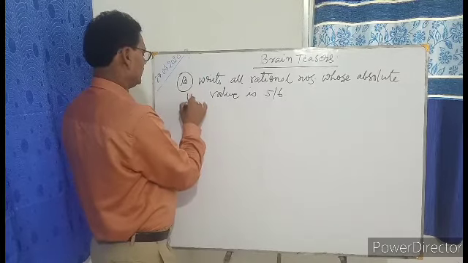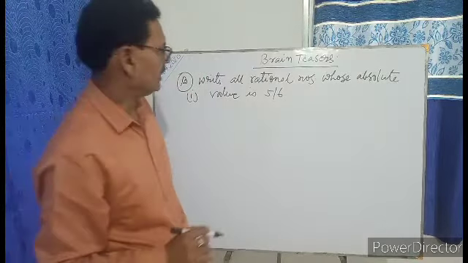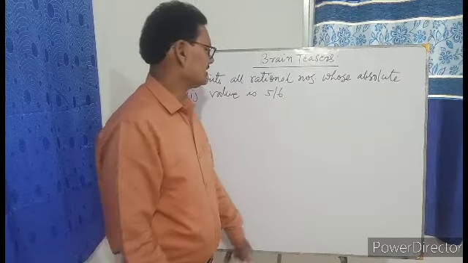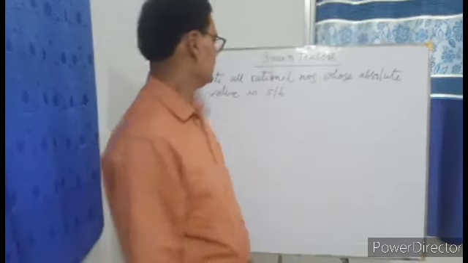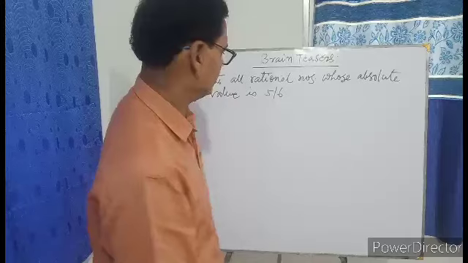B, question number 1. Okay, write all the rational numbers whose absolute value is 5 by 6.